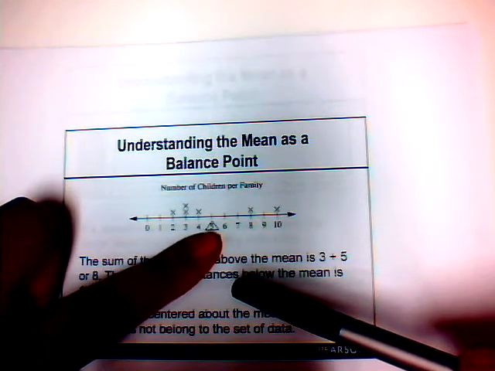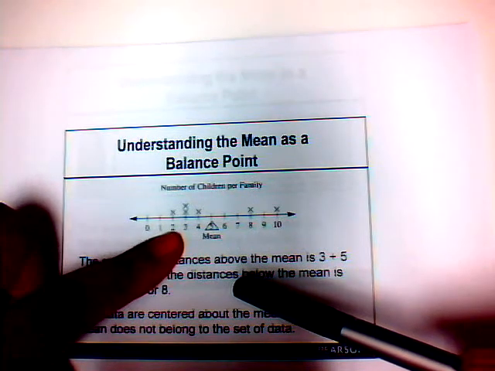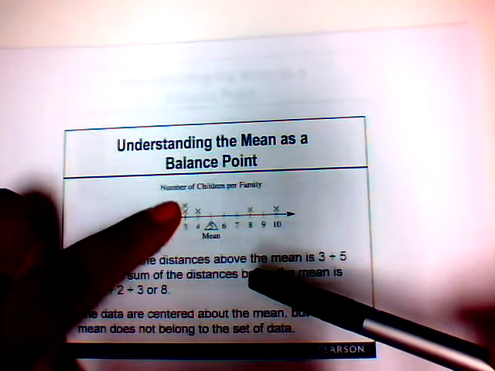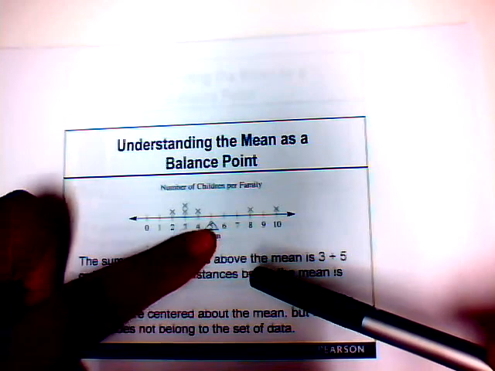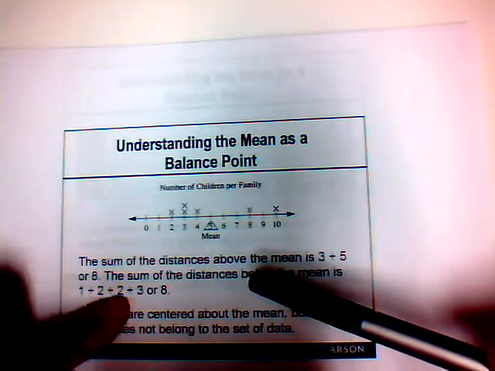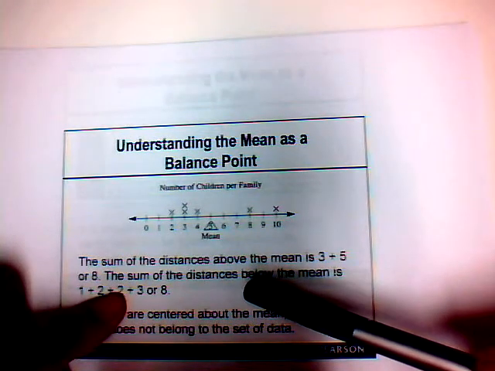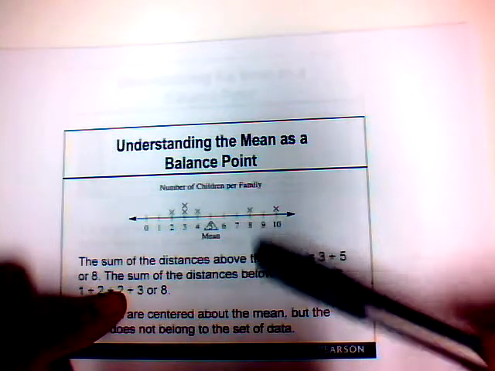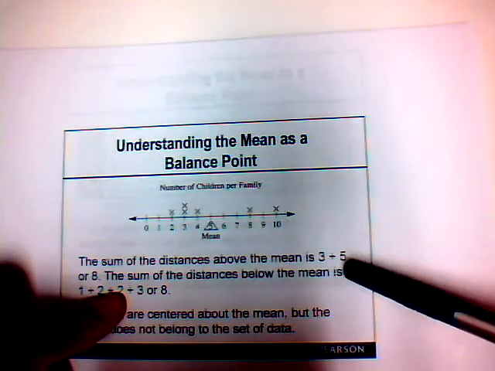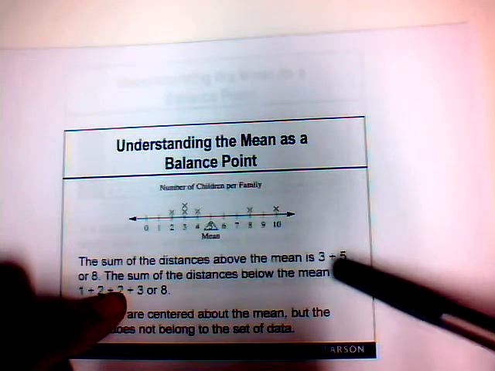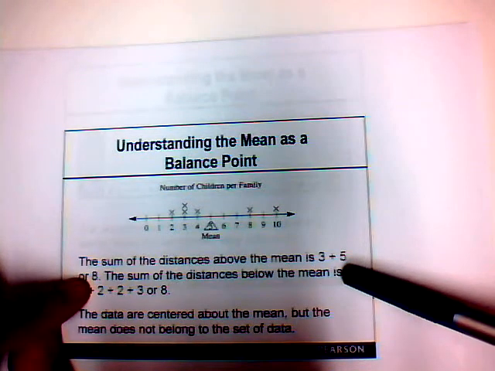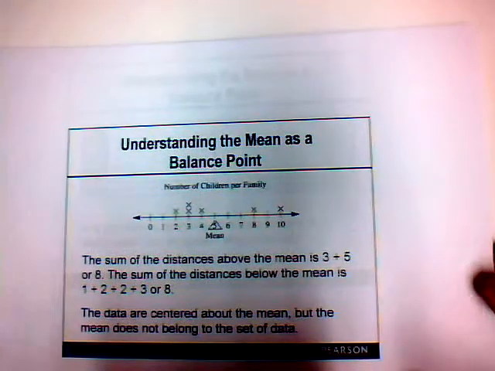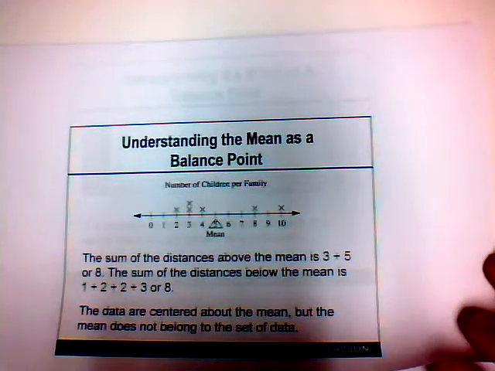The distance from 5 to 2 is 3. And here you've got two numbers of 3, so you have two 2's, because you add 2 twice. On the right side, the distance from 5 to 8 is 3, and the distance from 5 to 10 is 5. The sum of those two distances is 8 as well. So that's why the data is centered about the mean, but the mean does not belong to the set of data.